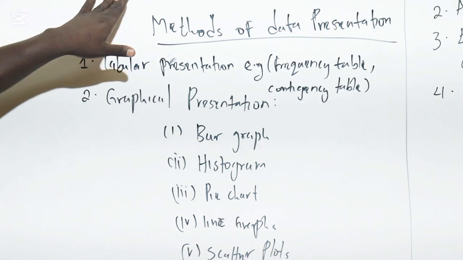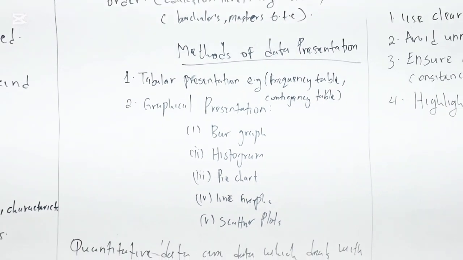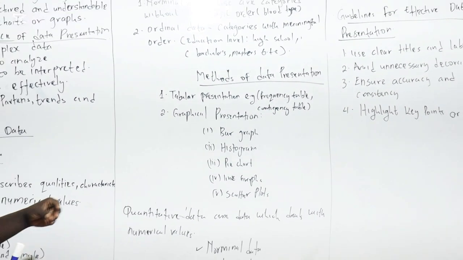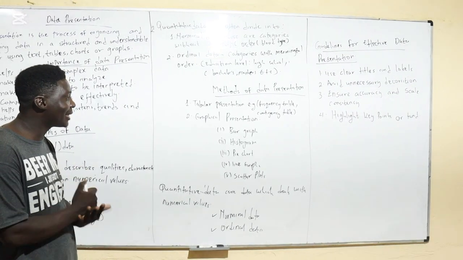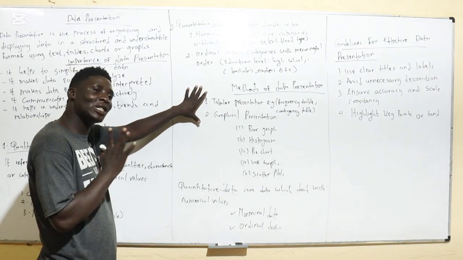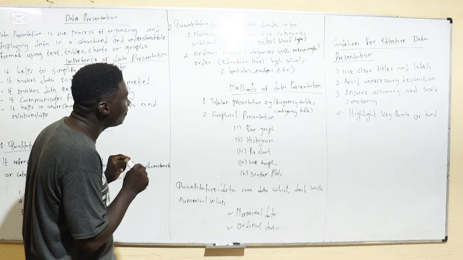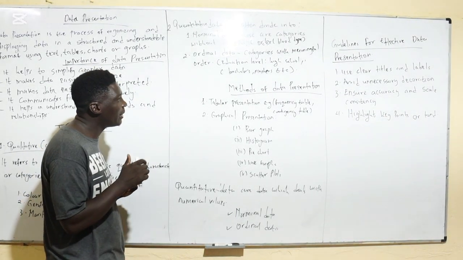This is the core epicenter of data presentation: bar graph, histogram, pie chart, line graph, scatter plot, and we can talk about pictograms. There are so many data presentation forms that we'll discuss. I'm going to give this its own time to discuss it so deeply that you may be able to understand each and every component and element.